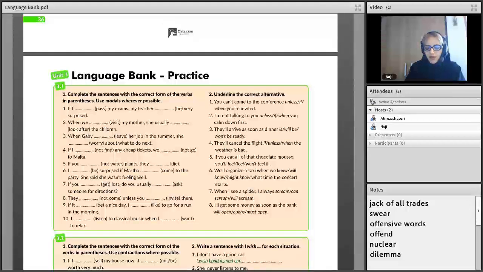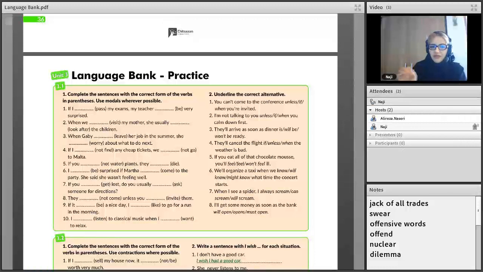So, look here, if you remember, we also talked about should. We can use should in if clauses. With if clauses, will or would is impossible. Never ever use will with if clauses, but should is possible. We use should when we really don't expect something to happen.